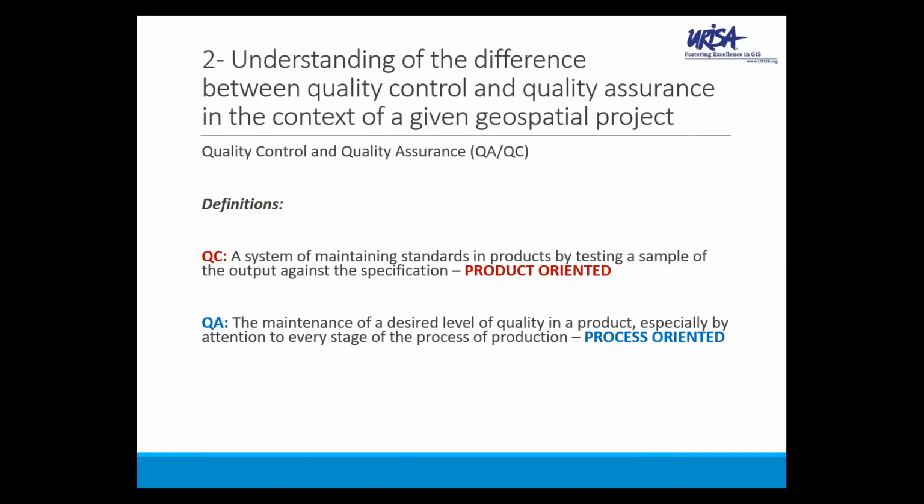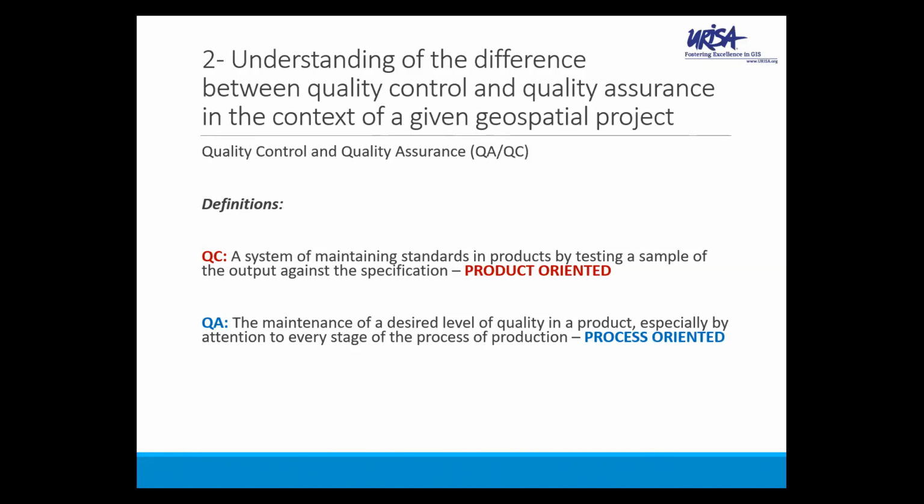The second area refers to knowing the difference between QA and QC. By basic definition, QC, quality control, refers to how the product is. One determines the quality control by testing a sample, or in some cases the entire product, against the specification.